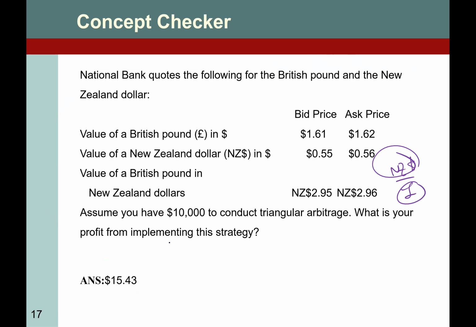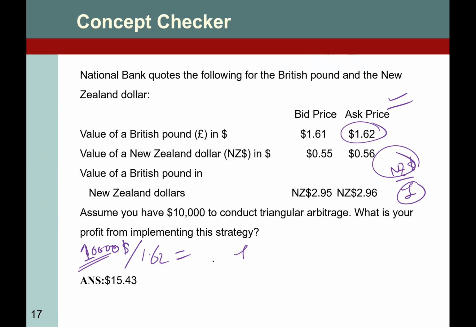So you have $10,000, starting with nothing, right? So you create a demand for pound. I need to buy pound, so because you want to buy, you will be given the ask rate.